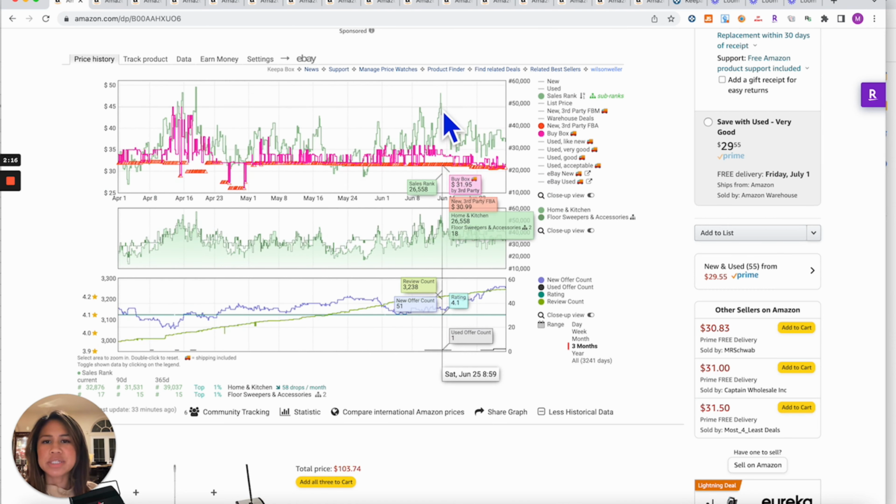The other thing that I like to add is new. Right here, I just like to see how the new offers are happening, which is just something that I like to see. And so the new offers and prices are always going to be designated by a purple color, which you can see right there. And you can also see it at the bottom here.